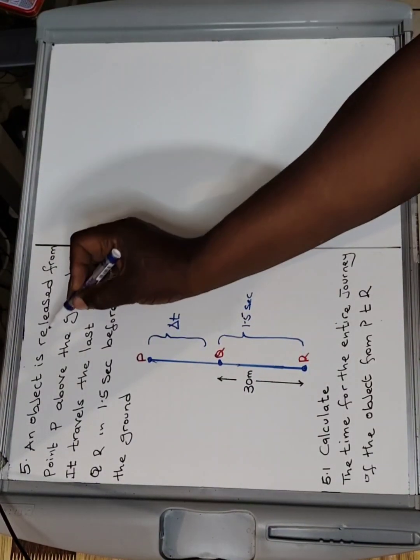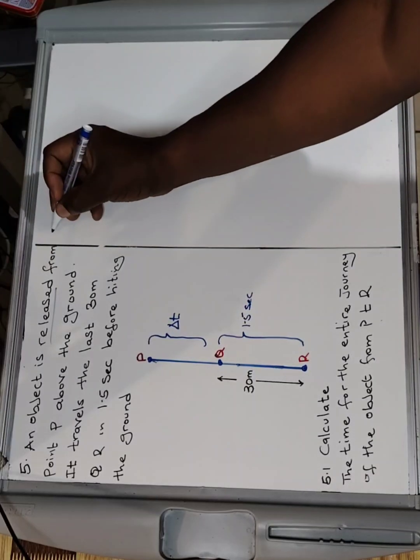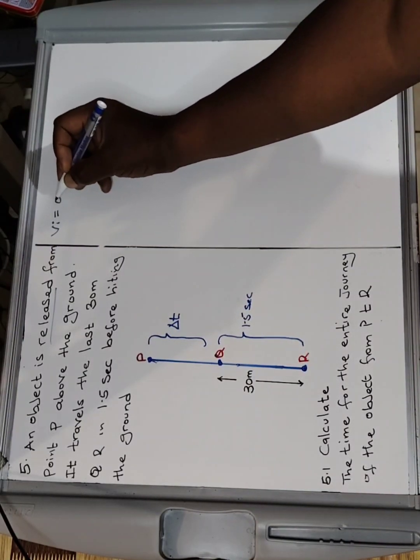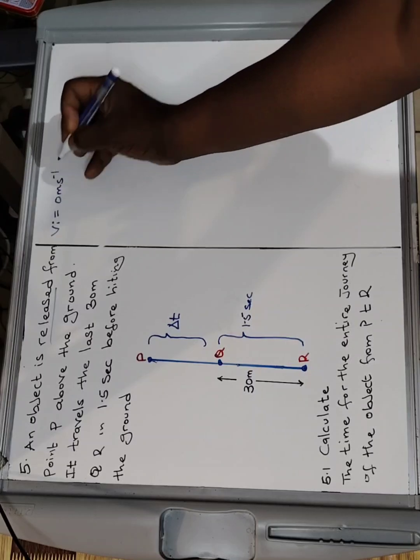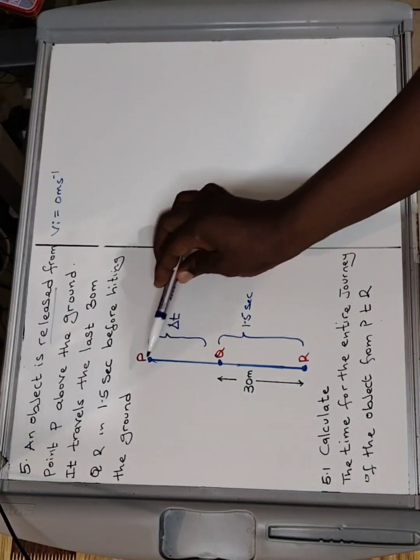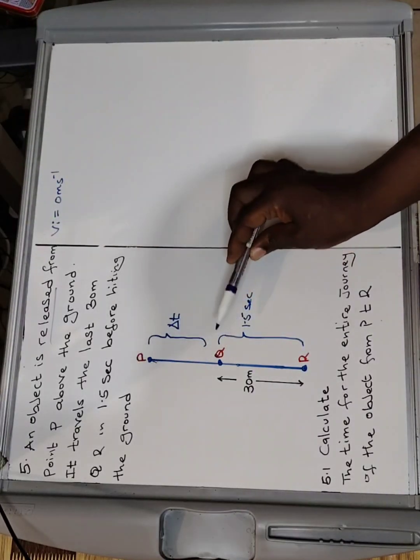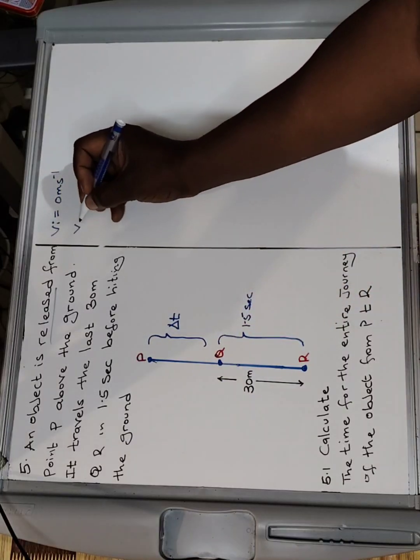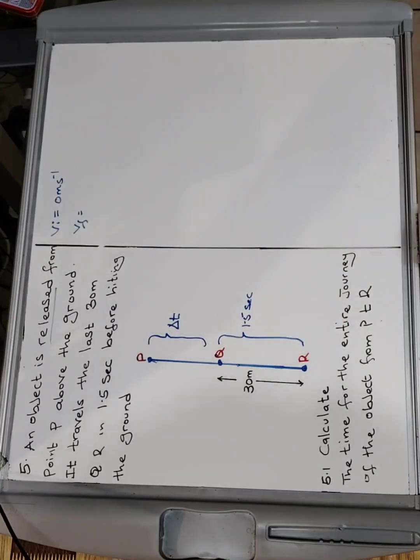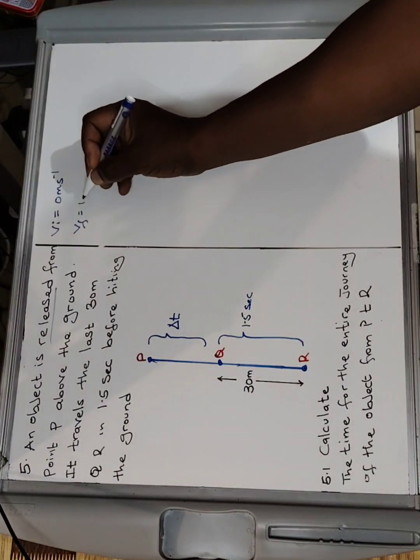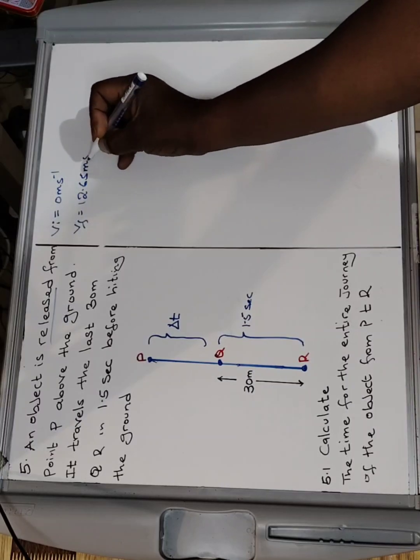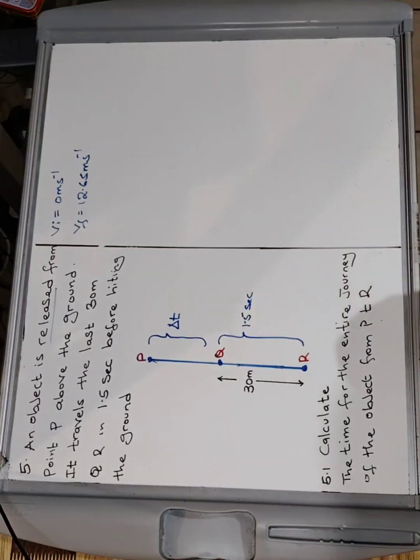We said the object was released, so we know vi, and vi is 0 meters per second. We are talking about this journey up to Q. We calculated the velocity at Q, and that is going to be our final velocity, which is 12.65 meters per second.